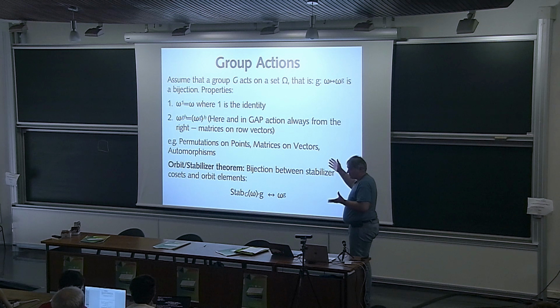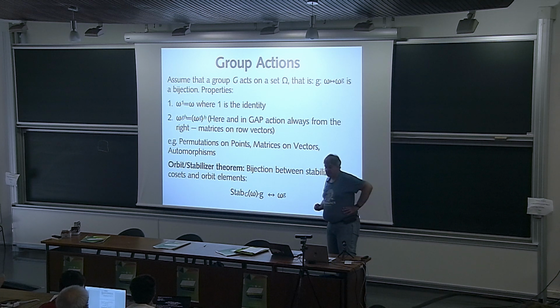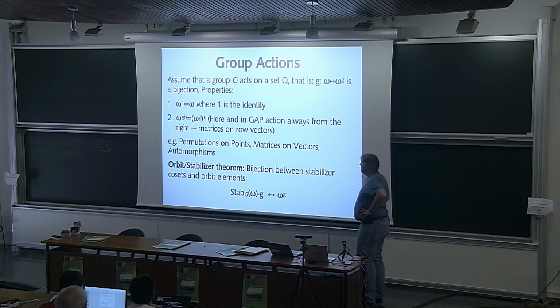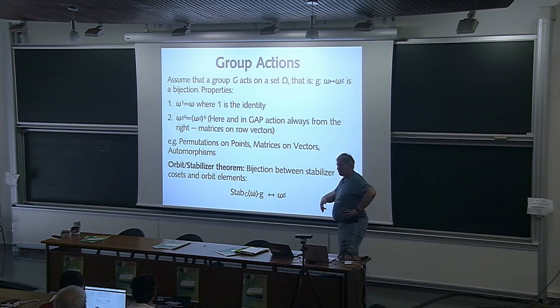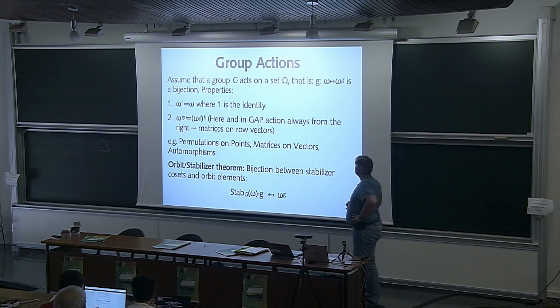While some other tools we are using are tools also used in other areas, the orbit algorithm is specific to groups. So I have a group G that acts on a set omega. My actions here in the lectures and also in GAP are always from the right.